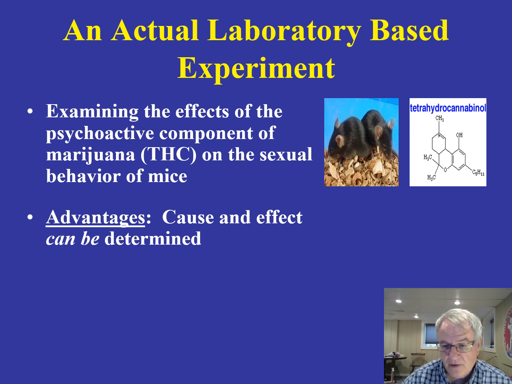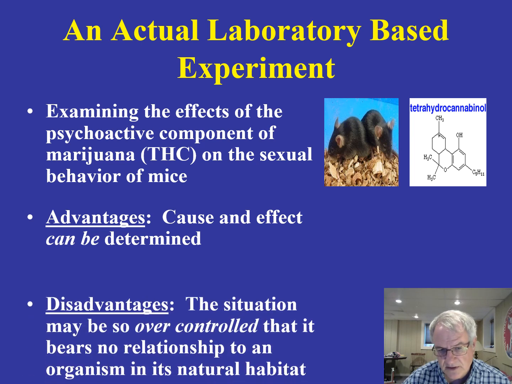The independent variable is the presence or absence of the THC. And the dependent variable is the sexual behaviors that are seen in male mice, their frequency and their duration. Again, we can determine cause and effect in this particular study.